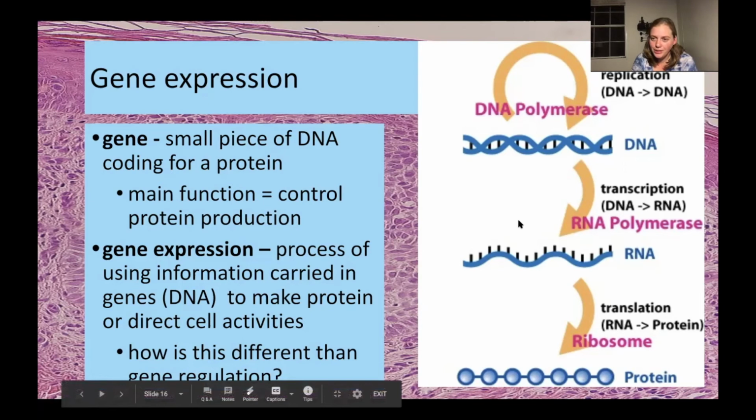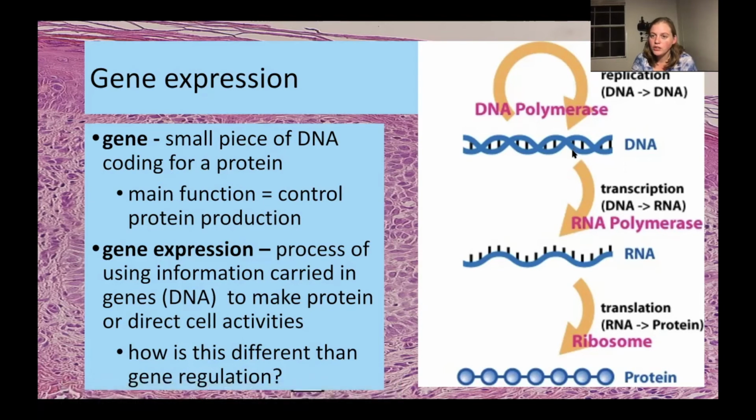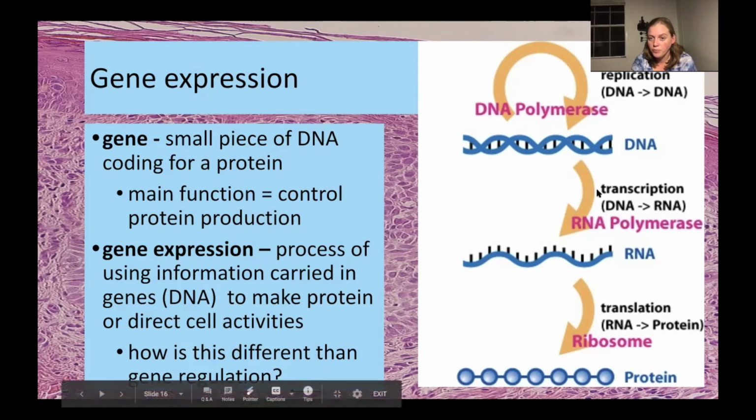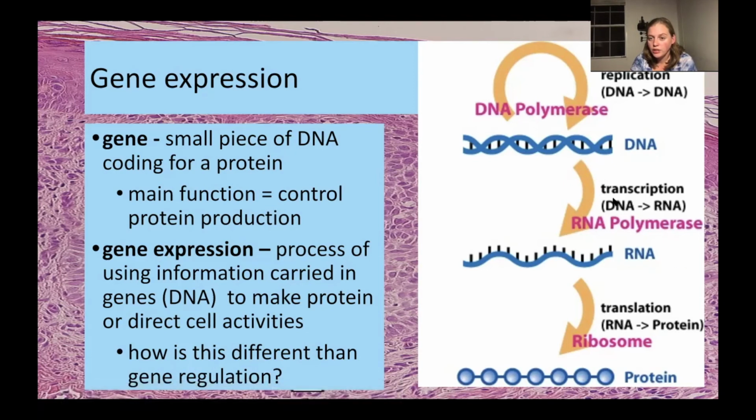And this idea of gene expression brings us back to our central dogma of molecular biology. Dogma is a central idea, a belief system that seems to work pretty well when it comes to molecular biology. We start with this DNA molecule. We convert that information into mRNA during transcription. This is done by RNA polymerase.